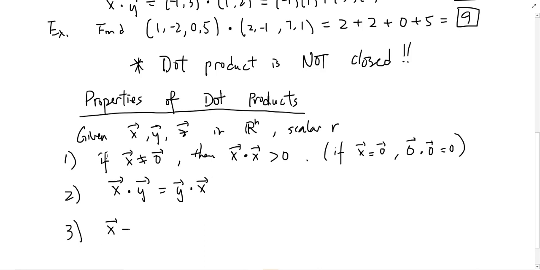What if you have x plus y, then dot product vector z? Well, that is the same thing as vector x dot vector z plus vector y dot vector z.